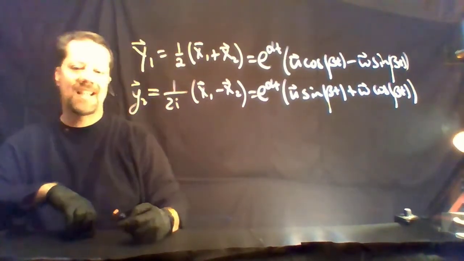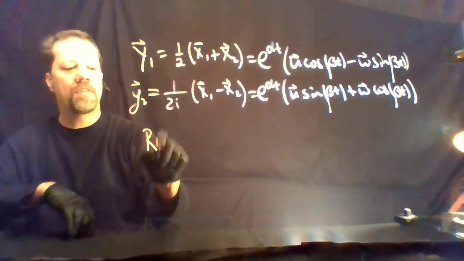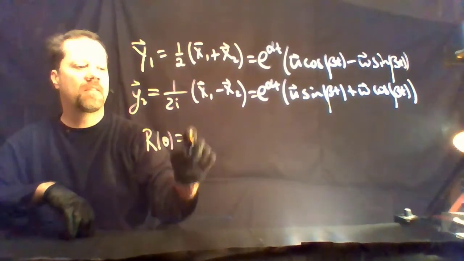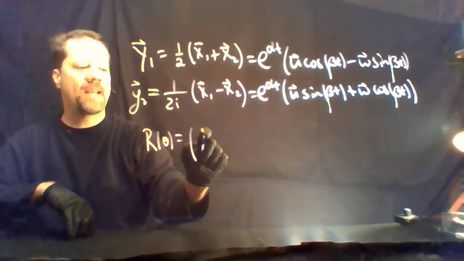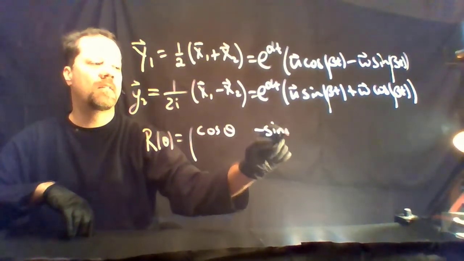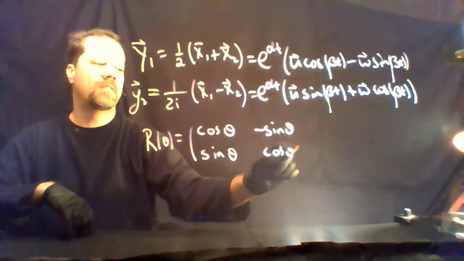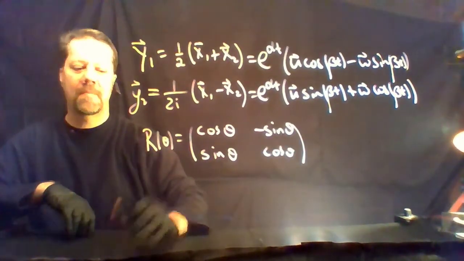It might help you to remember this if you know that the rotation matrix that rotates coordinates through some angle theta is given by cosine theta, minus sine theta, sine theta, cosine theta.